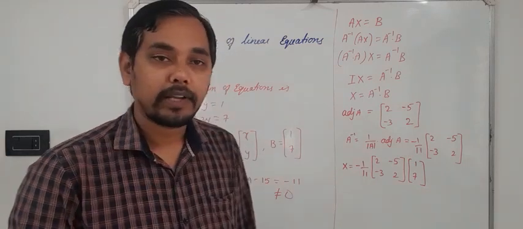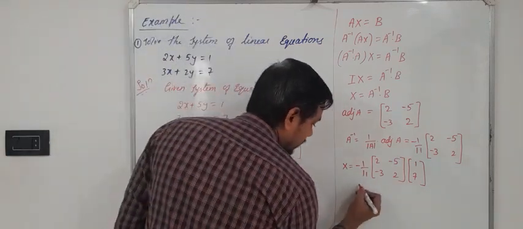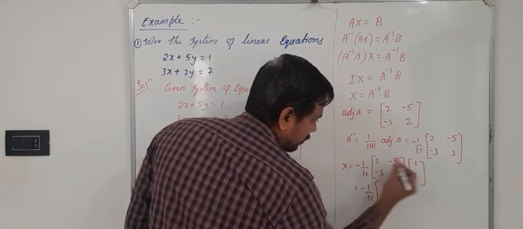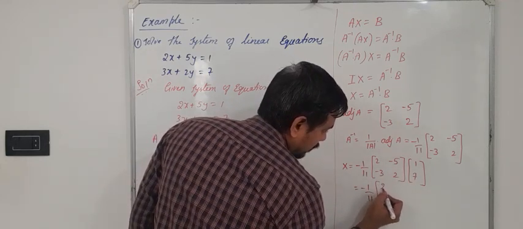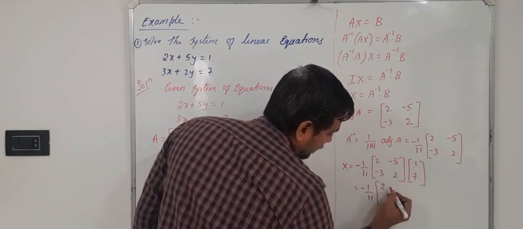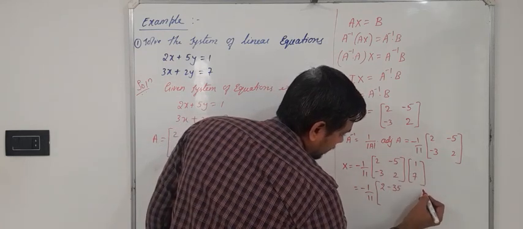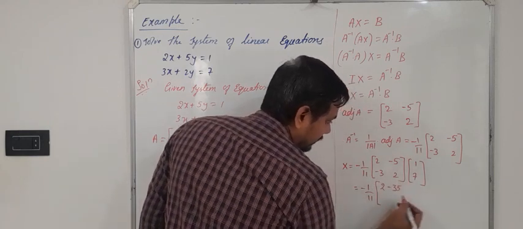Okay, so this is how we need to calculate X. So this is minus 1 upon 11 as it is. 2 into 1 is 2. Minus 5 into 7 is minus 35, and here 2 into 1, this one minus 3 into 1.